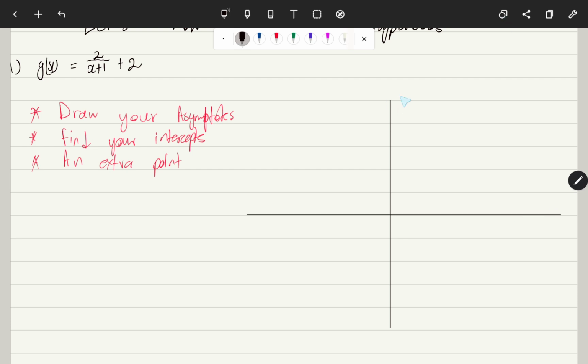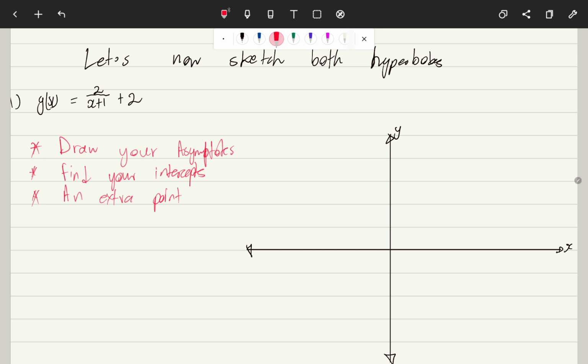What do I have there? I have my y-axis, x-axis. Let me do the arrows. So now what do we have? Number one, draw your asymptotes. The easiest one is the q, because this right here is my horizontal asymptote.